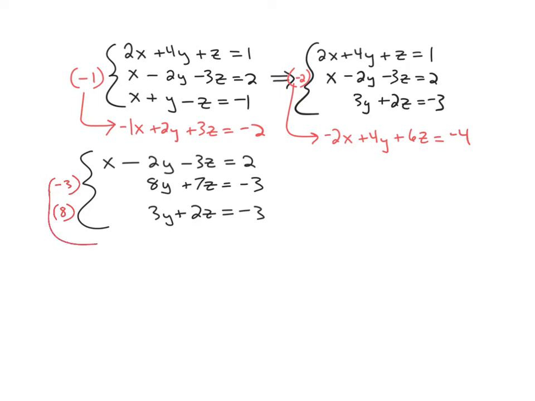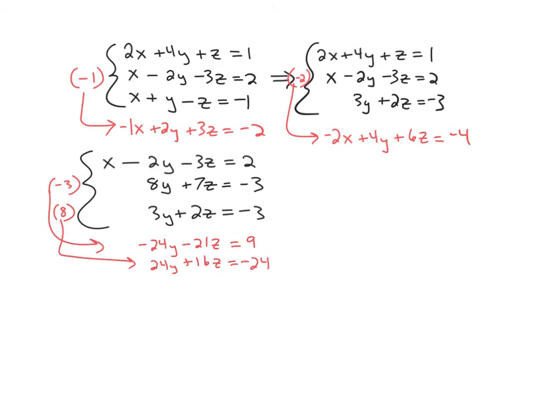So I'm going to write those down here. This is going to give me -24y minus 21z equals +9. For this one, I'm going to get a positive 24y plus 16z equals negative 24.